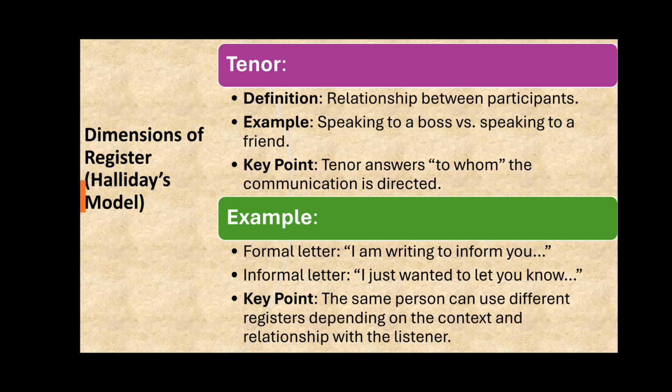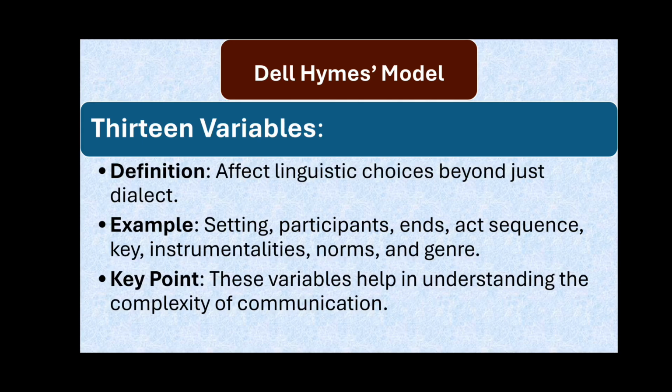If I'm speaking to my boss, I'll use one variety of the same language, while if I'm speaking with my friends, I'll use another variety of the same language. Key point: tenor answers to whom the communication is directed. To whom, right? So when this tenor changes, relationship changes, so register also changes.